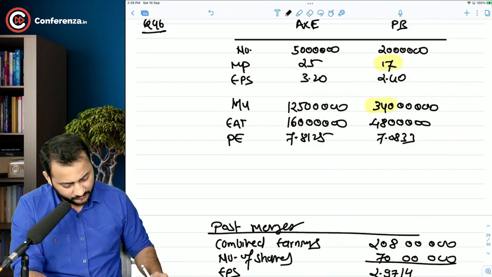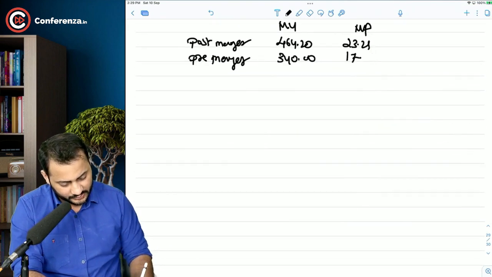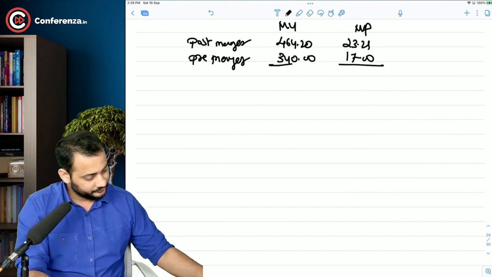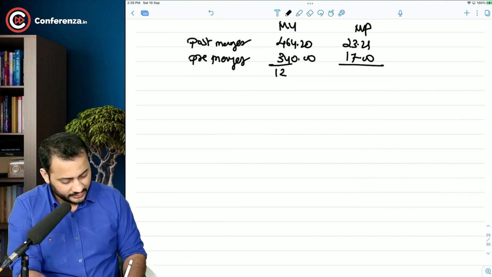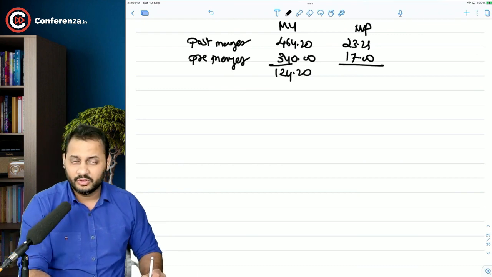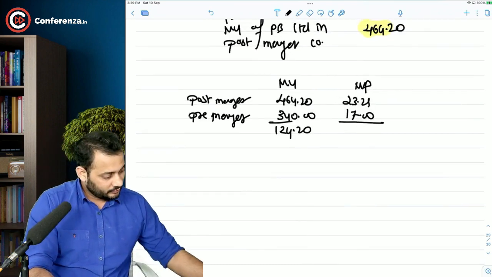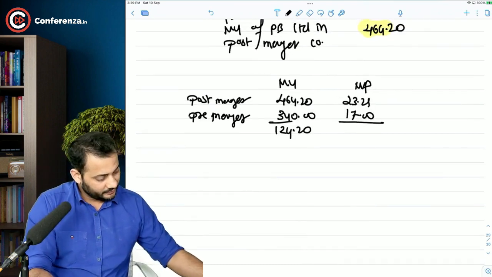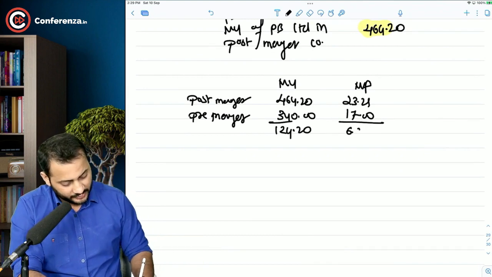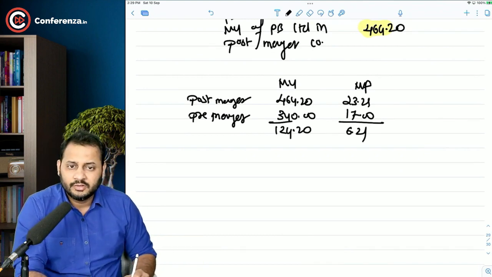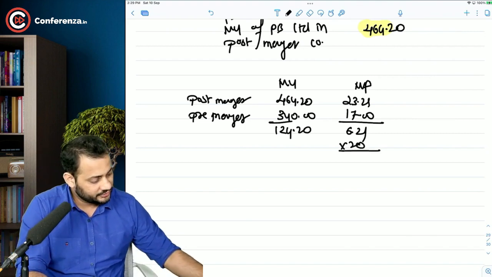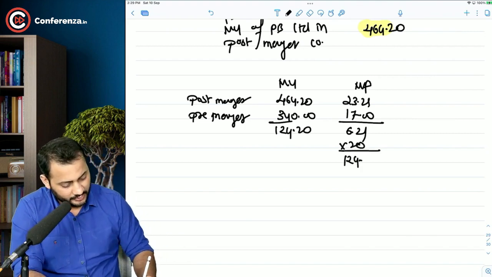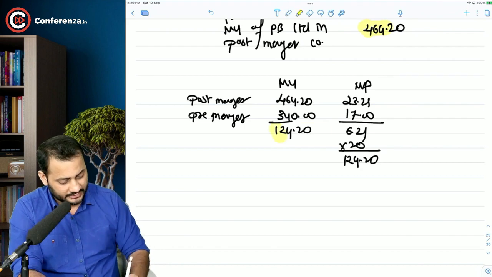It was 17.00. So understand how much is the extra market value that they are getting: 124.20 lakhs. What is the extra market price? 6.21. 6.21 per share into 20 lakh shares, that's 124.20. So exactly it is matching.